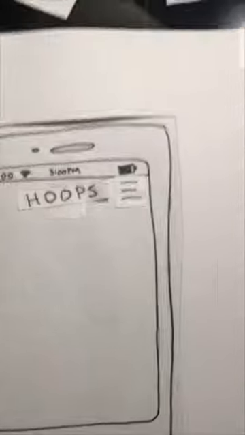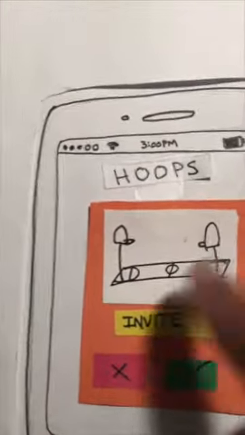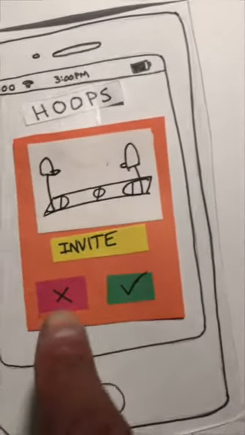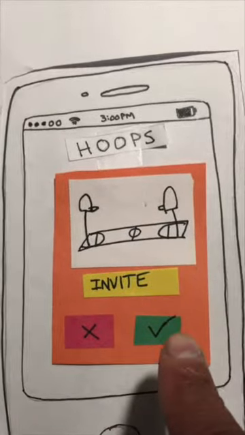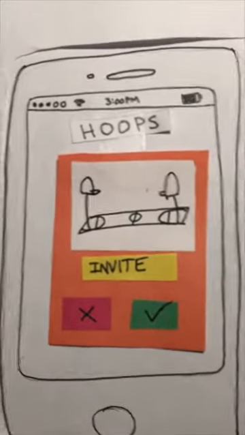The gym screen looks like so. You have the description of the court here, an invite button so you can invite your friends, an X to go back, and a check button to accept that you're going to attend this gym.